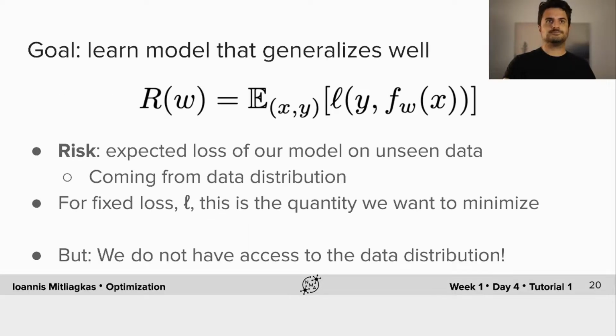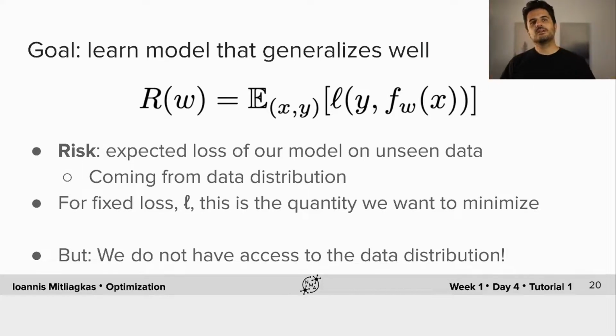All right. So what is our goal? Since we're discussing objectives and choosing the right objective, our ultimate goal is to learn a model that generalizes well, at least on this mathematical level, because we will discuss later the higher societal level also.